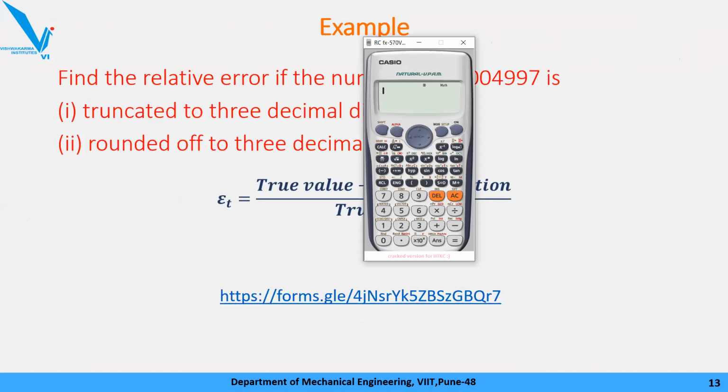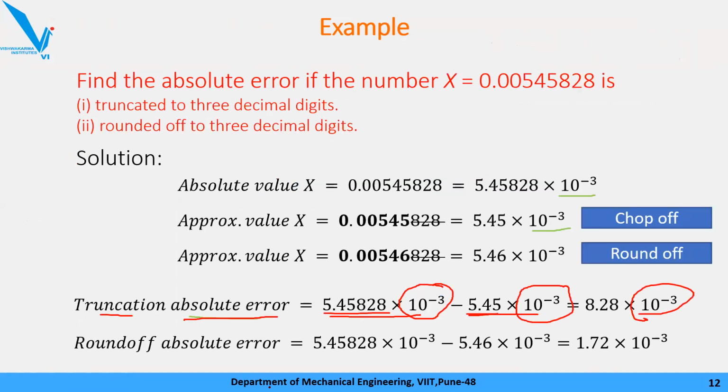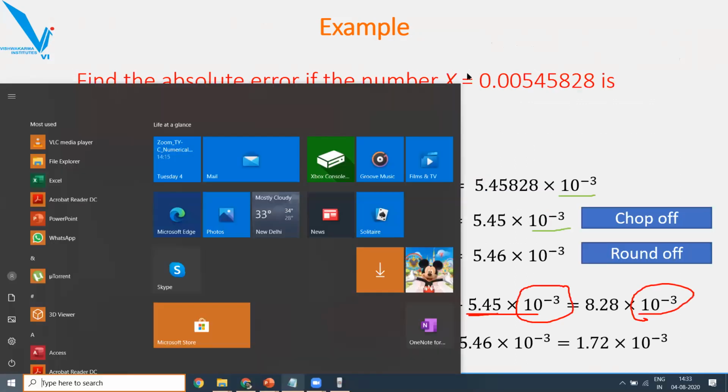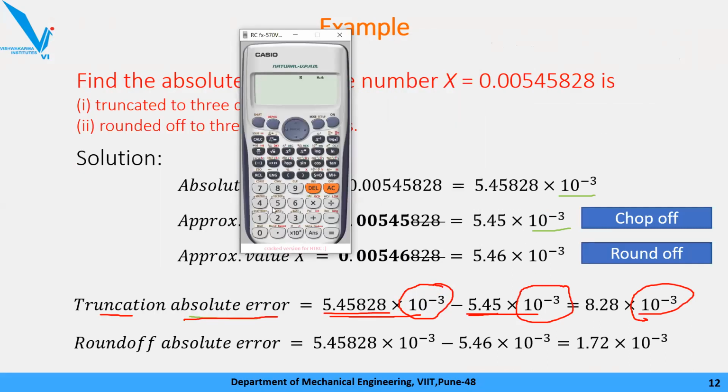Okay, our question was the previous one. We'll do this calculation. So we have 5.4528 into 10 to the power minus 3 minus 5.45 into 10 to the power minus 3.